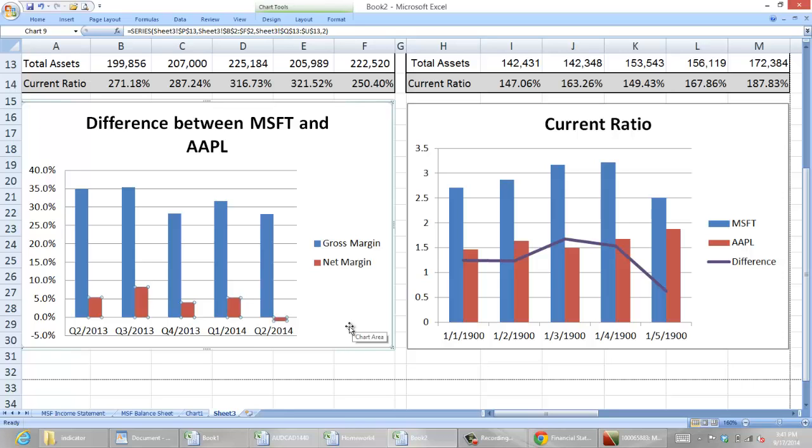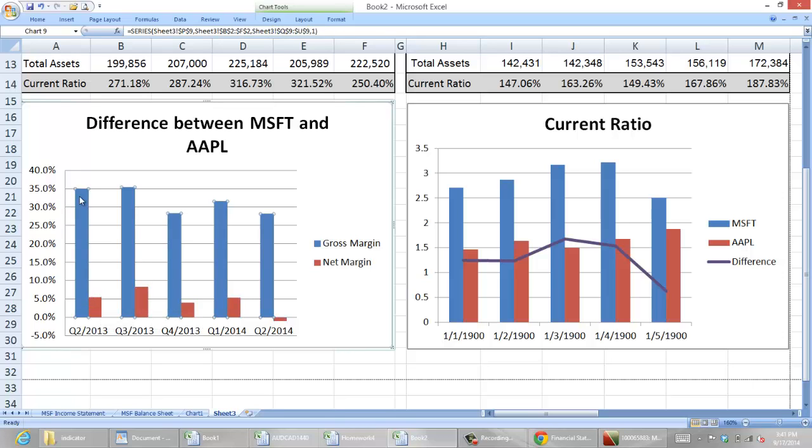Now, by now you may wonder what happened. Gross profit margin is really, really high, way better than Apple. Why is the net profit margin of Microsoft not up to that level? Why, in terms of net profit margin, did Microsoft only outperform by 5%?